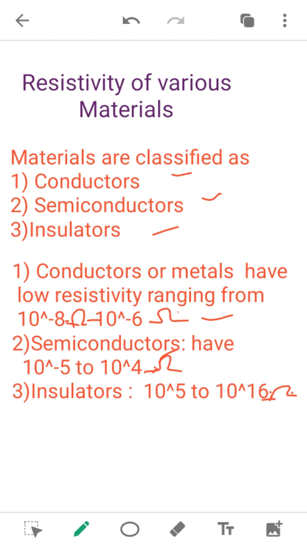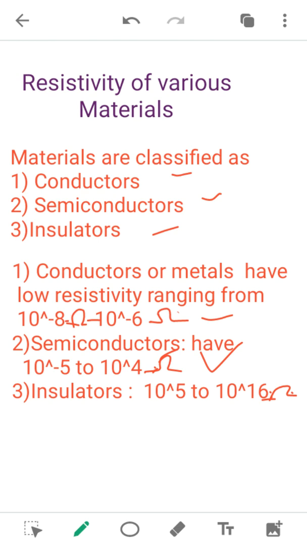In semiconductors, it resists more. The resistivity is high in semiconductors, right? The resistivity is 10 raised to minus 5 to 10 raised to 4. It depends from one semiconductor material to another, and mainly on the energy band.